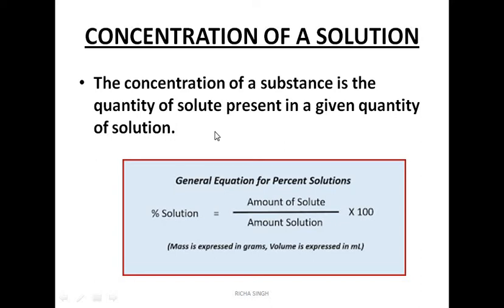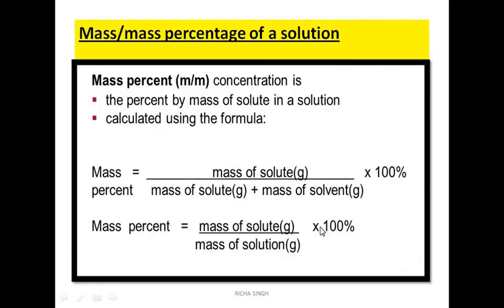Concentration can be found in different ways. In this chapter, we will be studying 3 ways to find the concentration. The general equation for percentage of solution remains the same, that is equal to amount of solute upon amount of solution into 100. First way to find concentration is mass by mass percentage.